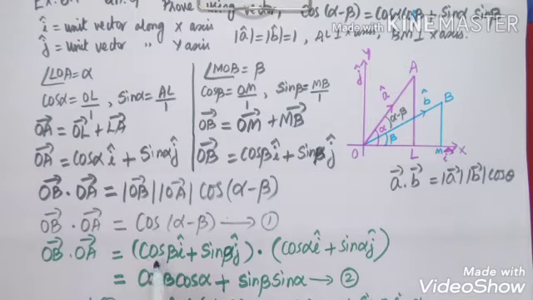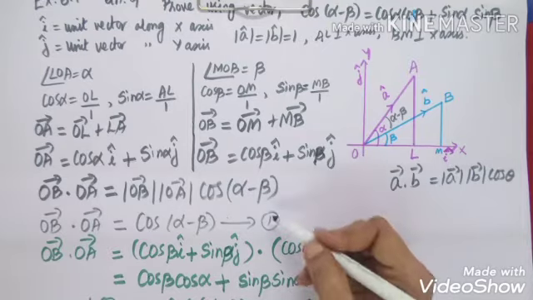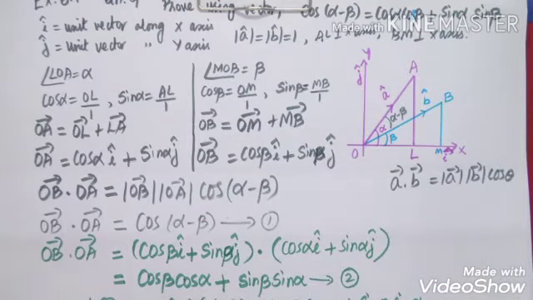So cos beta cos alpha plus sin beta sin alpha. Comparing 1 and 2, the LHS is the same, so the RHS is the same: cos(alpha minus beta) equals cos alpha cos beta plus sin alpha sin beta, and that is the answer.